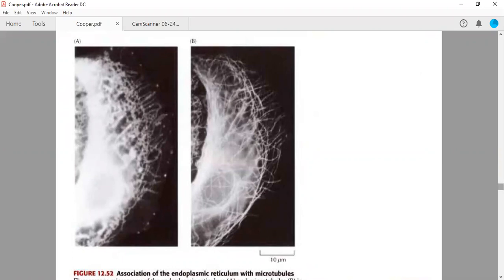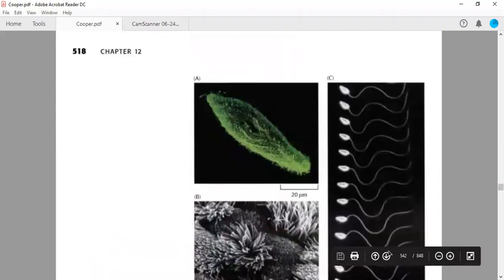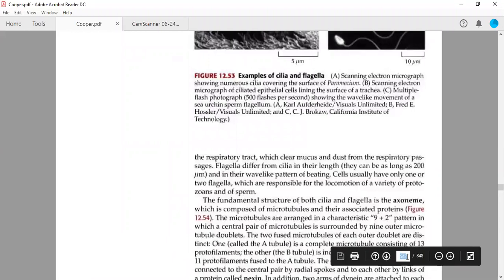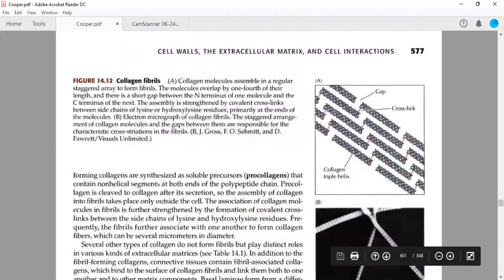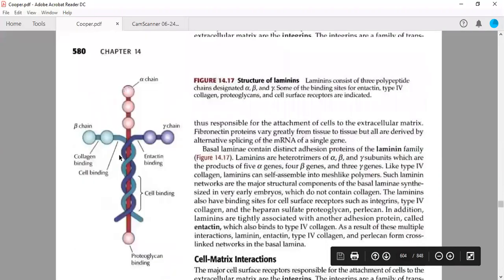So let me find integrins. Around page number 580. Okay. So here you will see, these are integrins.